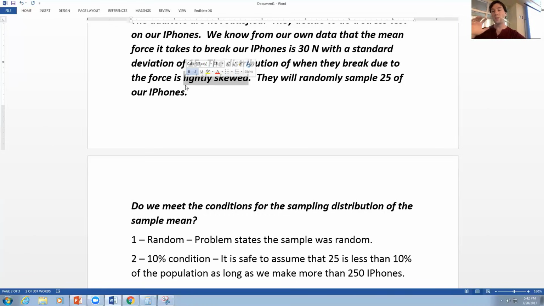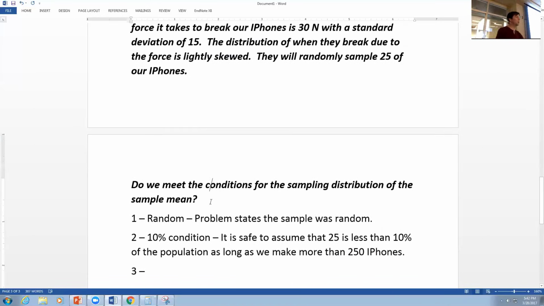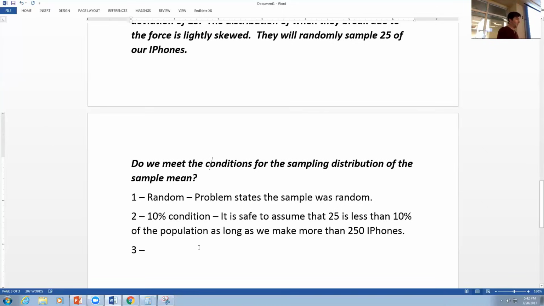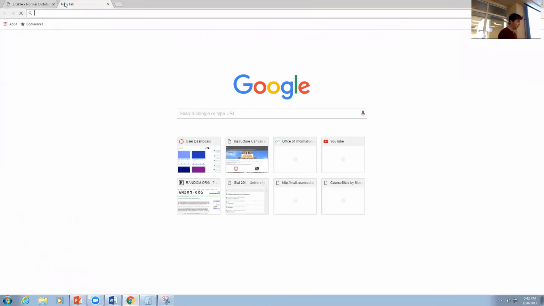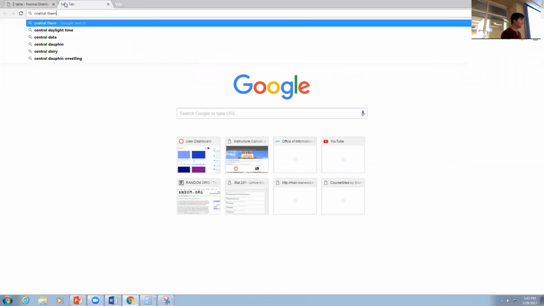So when we see right here that it's large enough, we need to take a look at what's going on. The large enough condition is the following. Let's look at this again because it's going in the video. Hello, video people. Let's go over here to the central limit theorem applet.